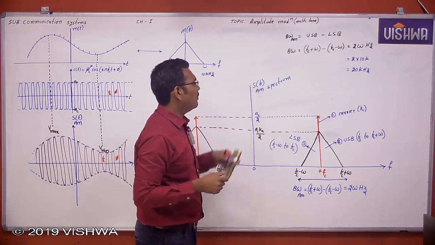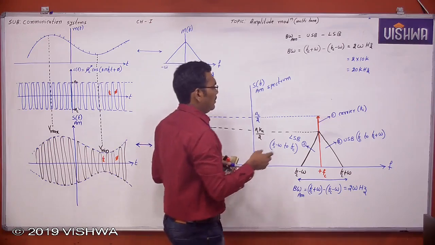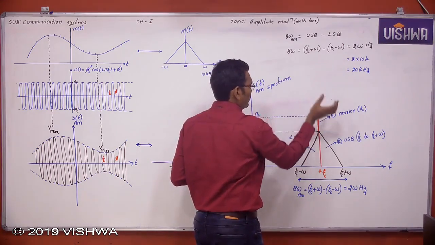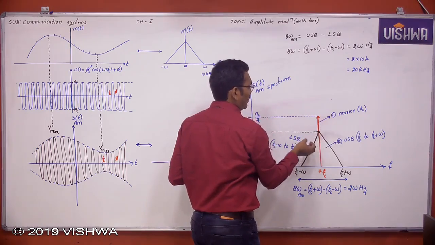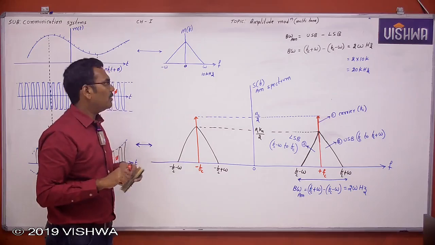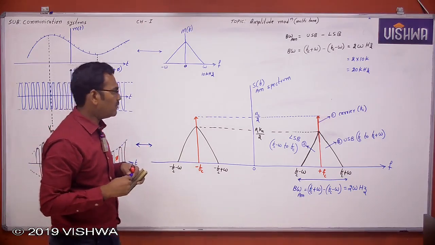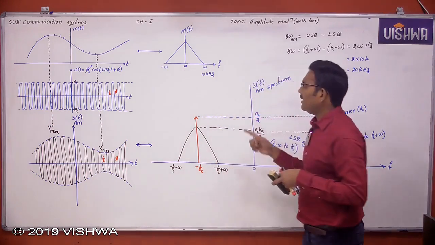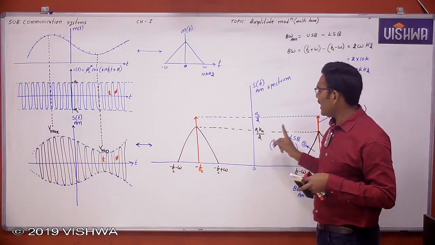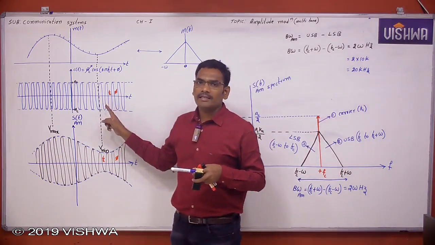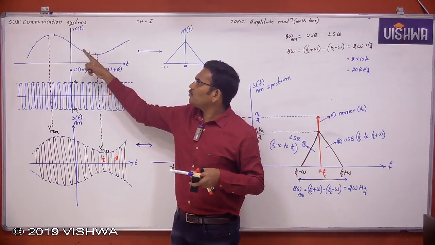So this is the bandwidth of AM, which is nothing but upper sideband minus lower sideband. Carrier, upper sideband, lower sideband are the three spectral components of AM. Note on this AM spectrum analysis what we observed here: the carrier characteristic parameters are changed in accordance with the amplitude of the message signal.